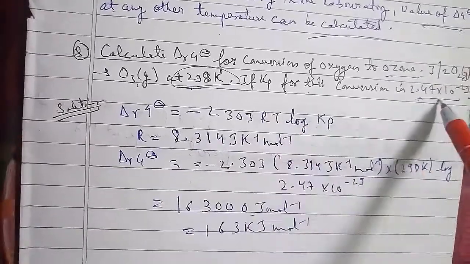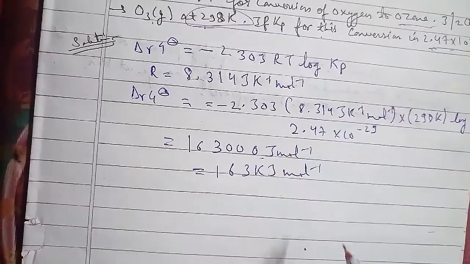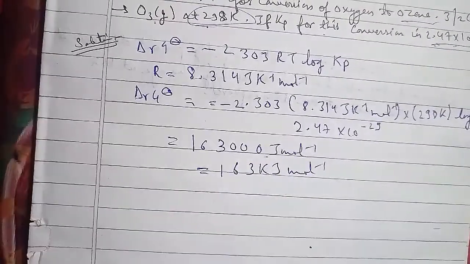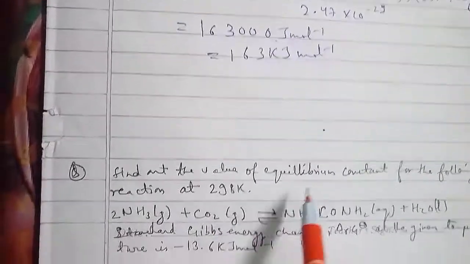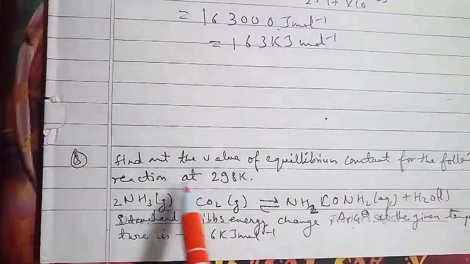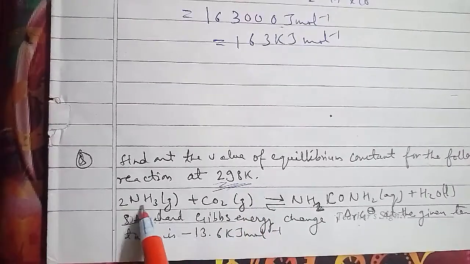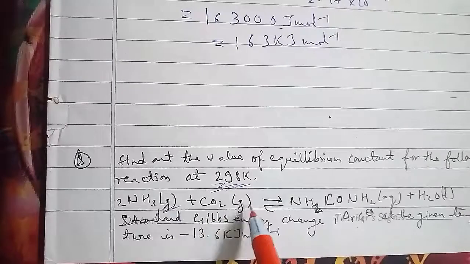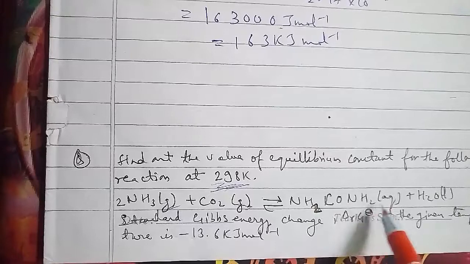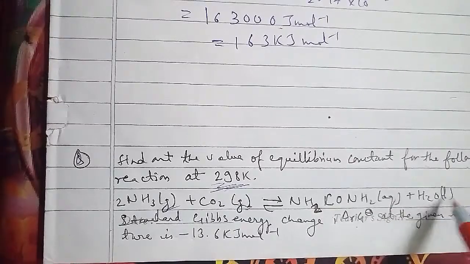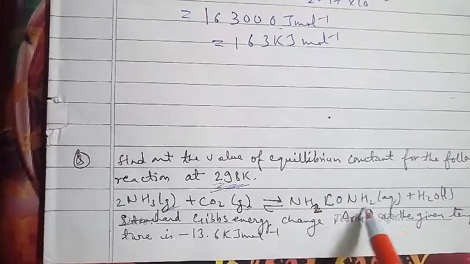Moving ahead with another question: find out the value of the equilibrium constant for the following reaction at 298 Kelvin. The reaction we have is 2NH3 gas plus CO2 gas giving NH2CONH2 aqueous solution plus H2O liquid, and vice versa, NH2CONH2 plus H2O giving 2NH3 plus carbon dioxide.